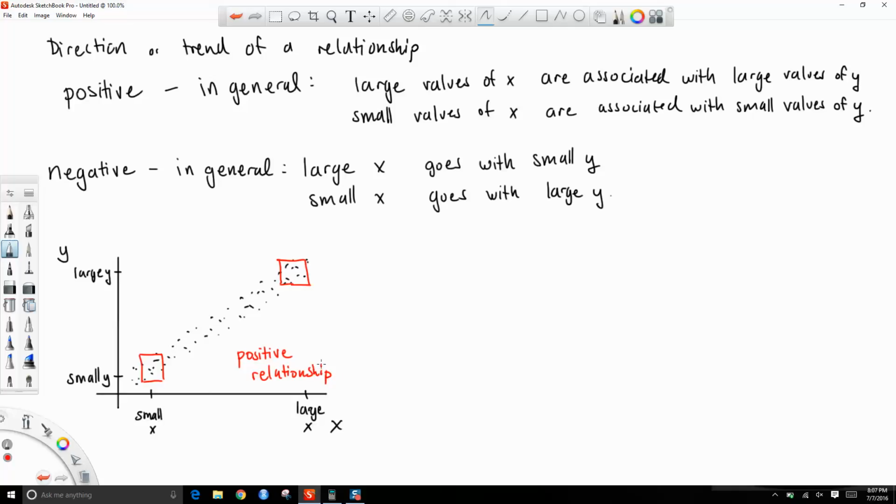Okay. And so our example of snake length and snake weight was a positive relationship.